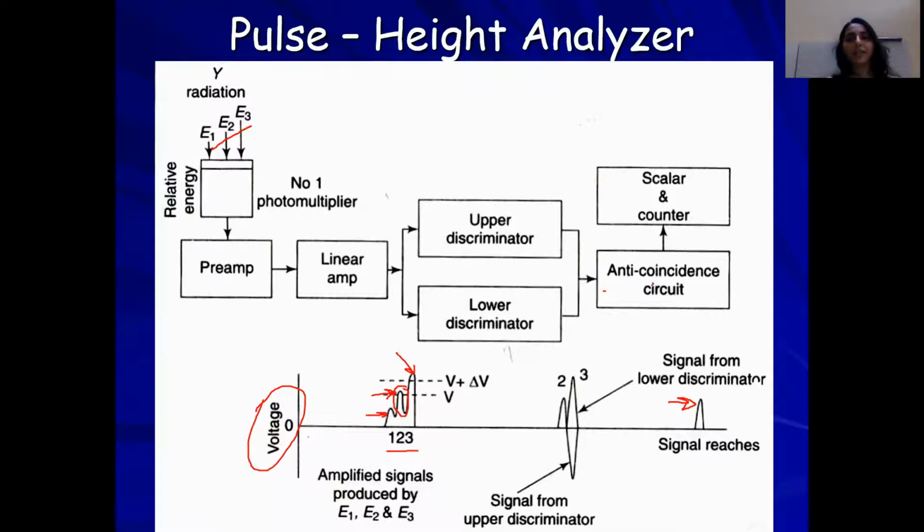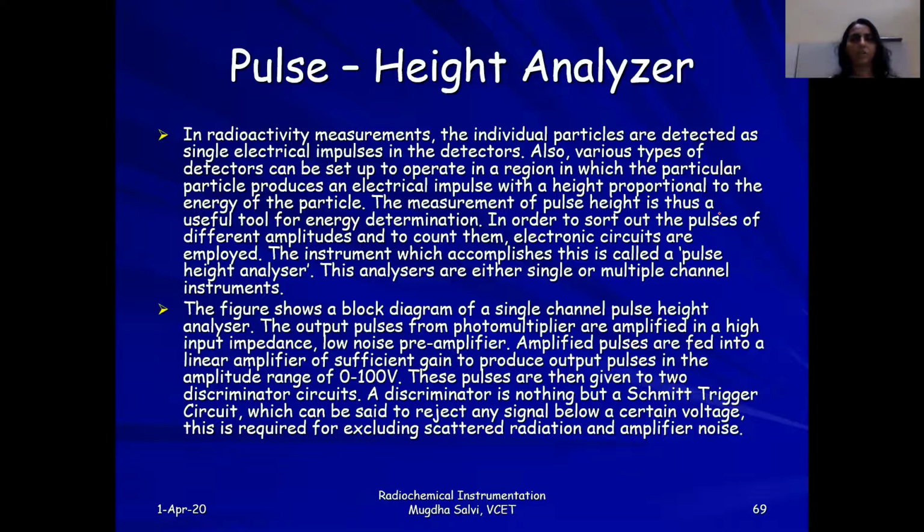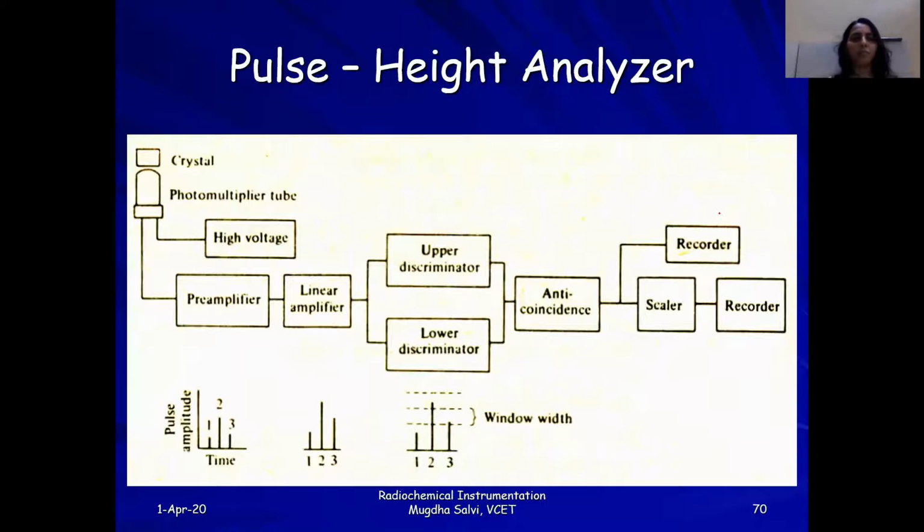Then it goes to an anti-coincidence circuit, wherein it checks the signal coming from both the upper and lower discriminator. And then it goes to the scalar or counter. You can use either this diagram or this diagram. Both give you the same explanation.